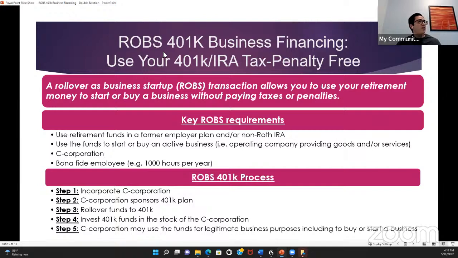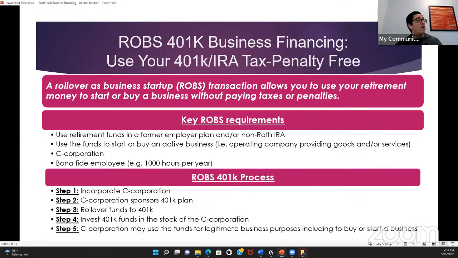It's a transaction that allows you to use your retirement money to start or buy a business without paying taxes or penalties. There are certain key ROBS requirements. For example, you have to have money that's eligible to be rolled over, such as money that's in a former employer plan or a non-Roth IRA.